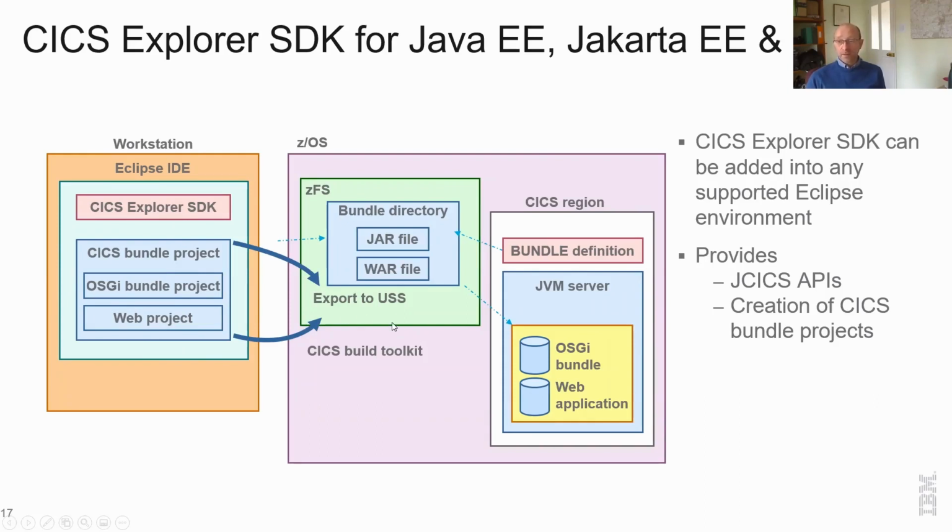So it'll be the CICS bundle project that's exported, and would include a WAR file for a web application, which can then be installed into the CICS region using a bundle definition. That's been around for a while, still supported, and supports all the latest levels of Java EE.